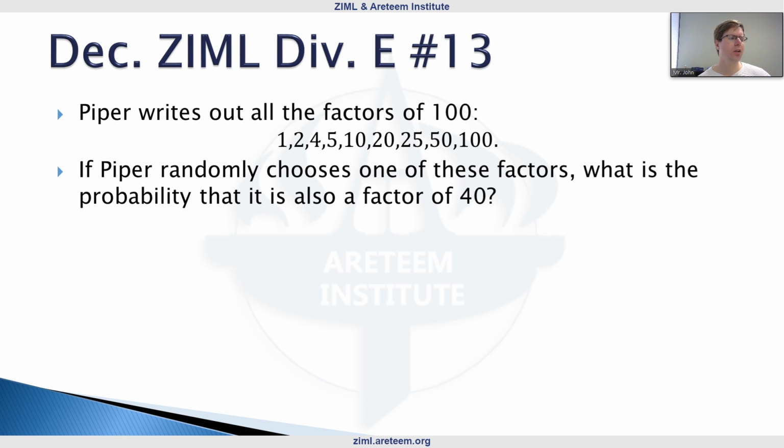So a good natural question is, how many of these factors are there in total? You guys can think about that, and I'll label that in a second. But then, reading the rest of the question, we have these factors in total, and Piper is randomly choosing one of these factors. So let me write them out again down here.